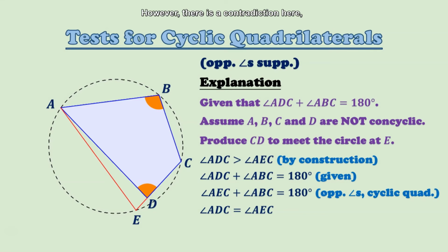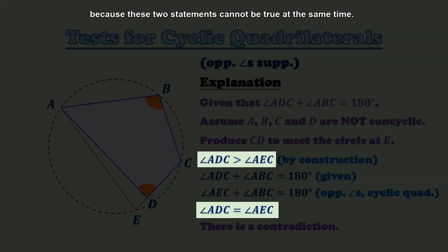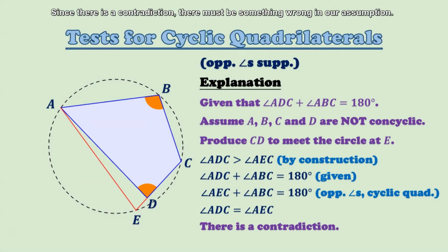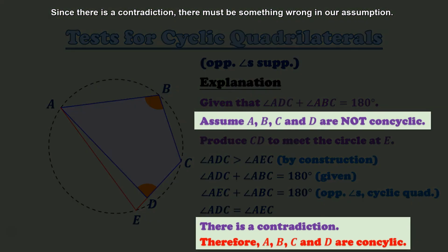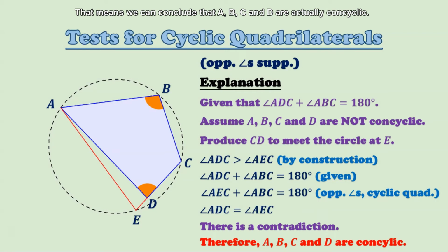However, there is a contradiction here, because these two statements cannot be true at the same time. Since there is a contradiction, there must be something wrong in our assumption. That means we can conclude that ABCD are actually concyclic. That's why if the two opposite angles are given to be supplementary, this quadrilateral must be a cyclic quadrilateral.